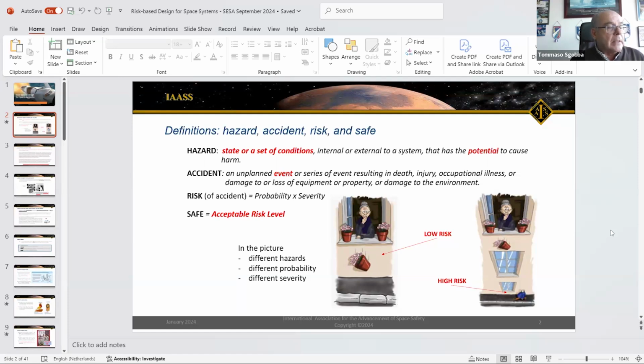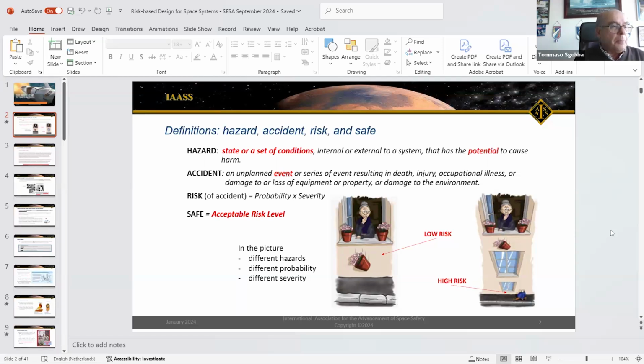Then what is an accident? An accident is a hazard becoming actual. And what is a risk? A risk is the probability that a certain condition becomes actual, such that the hazard becomes an accident. And as I said a few moments ago, safe is not absolute safety, but an acceptable risk level.